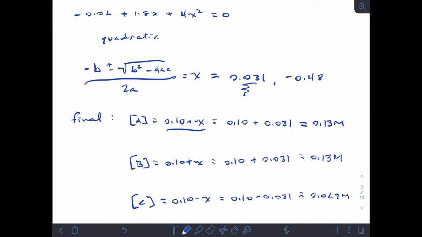Okay, so these are the equilibrium values. Okay, now I can check my work by calculating K from these values, right? So if I took these equilibrium concentrations and plugged them back into my K expression and solved for K, I should get 4. Okay, so that's a way that you can check your work.